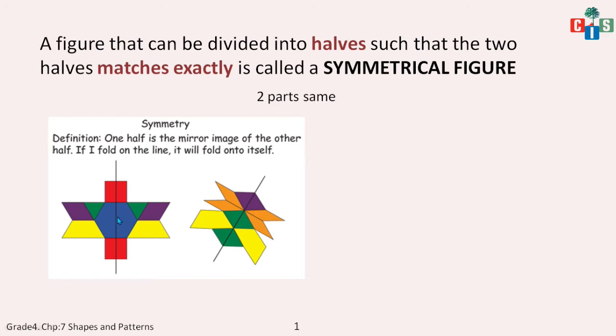And I found that the reflection on the mirror looks just like the other part. This part looks the same as this part. So I can say that this figure is a symmetrical figure.